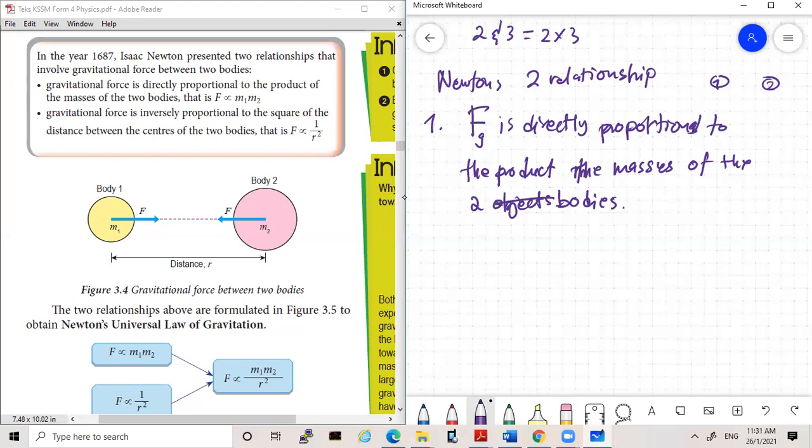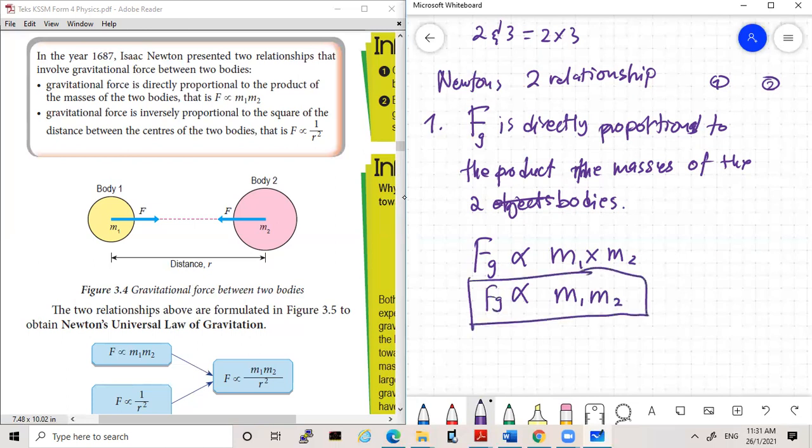In mathematical terms, Fg is directly proportional to the product of M1 and M2, and normally we write the product as M1 dot M2. This is the first relationship formulated by Newton: gravitational force depends on the product of M1 and M2.